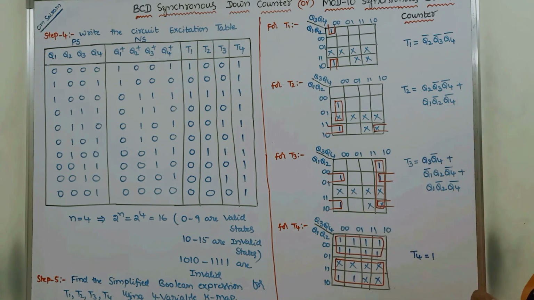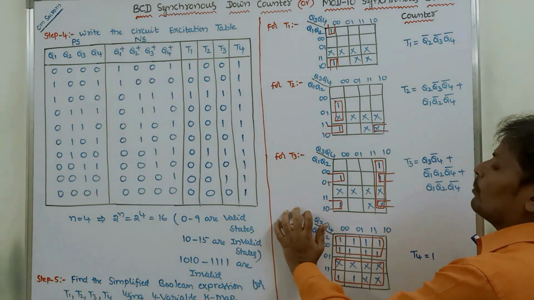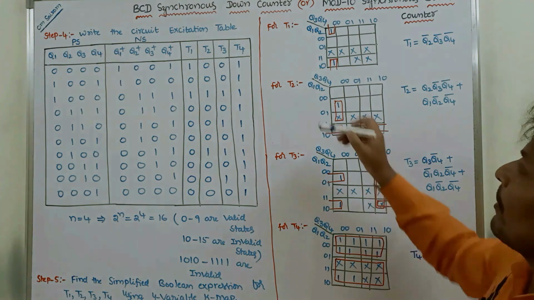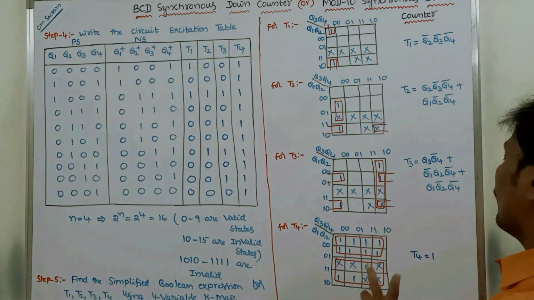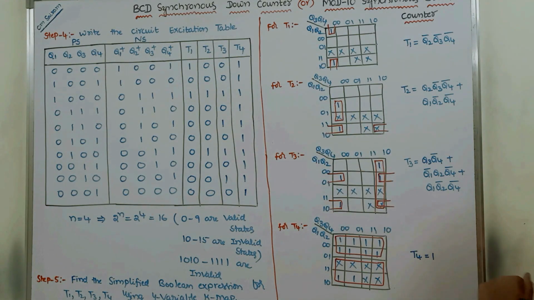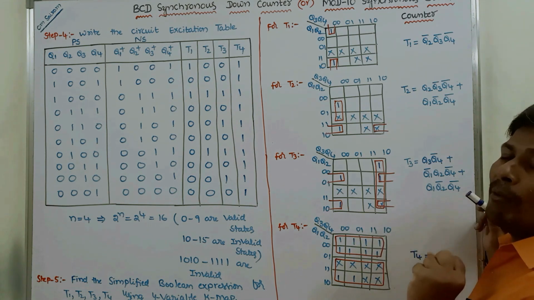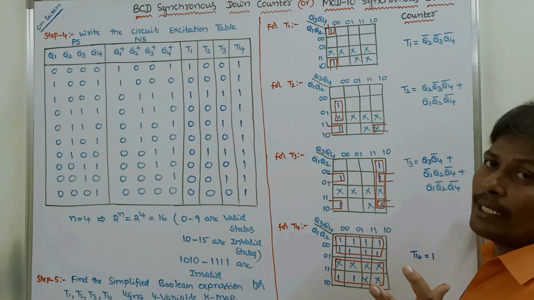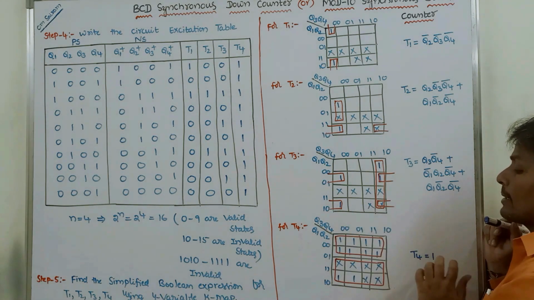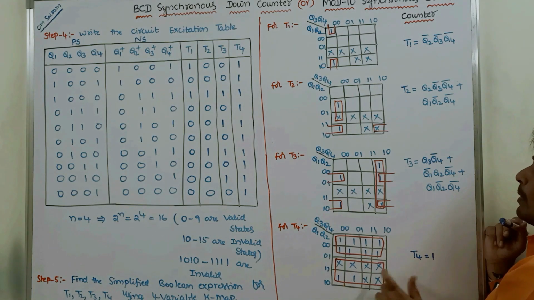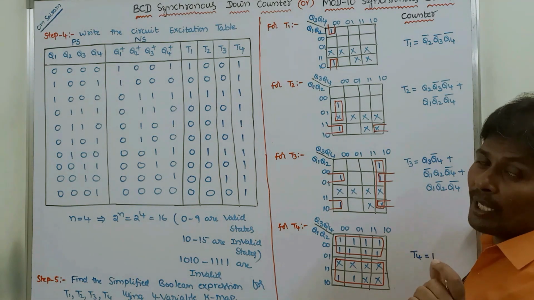Next, for T4 Karnaugh map, we have to identify the T4 column, it contains all ones, we are placing all ones, 10 ones are there. So here, any Karnaugh map filled with ones and don't cares, its value is 1. Top 8 ones can be formed as an octet, and bottom 2 ones and 6 don't cares can be formed as an octet.